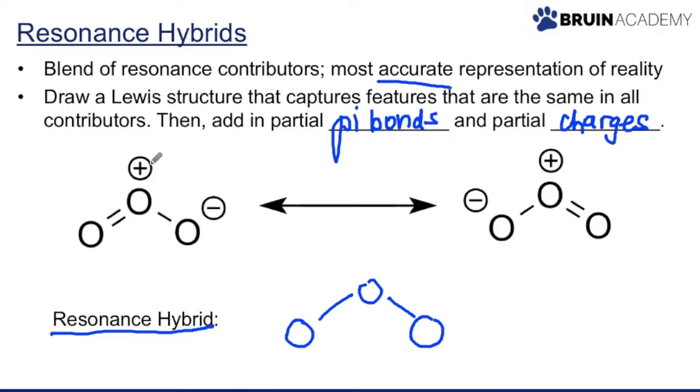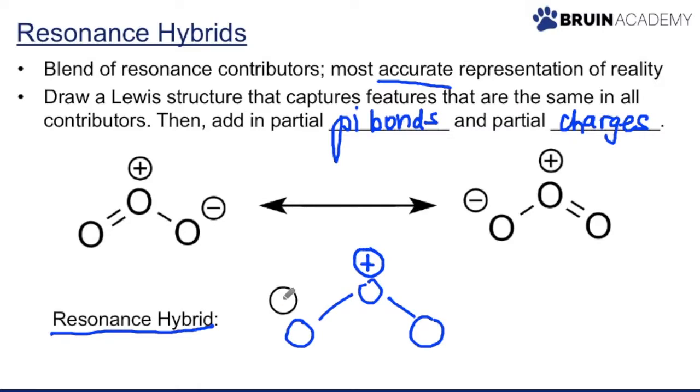Then if you look at this structure and this structure, the middle oxygen has a positive formal charge. So we're going to include that here because that's on both of them. And if you look at the oxygens on the side, there's a negative charge on this one and then a negative charge on this one. So the negative charge can basically go on either of the oxygens.